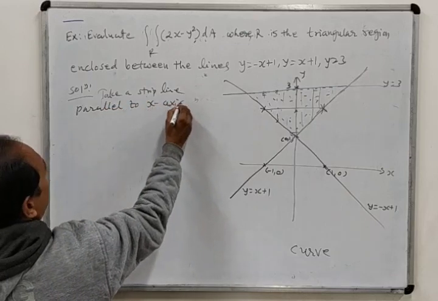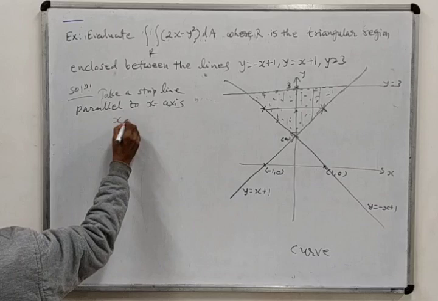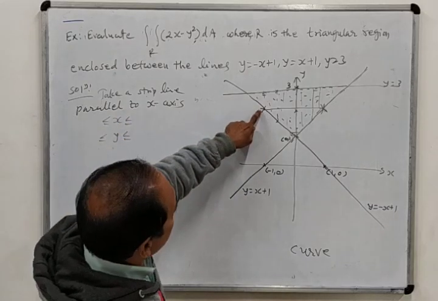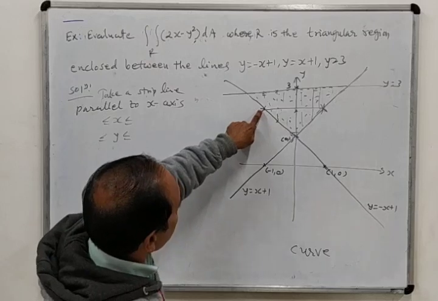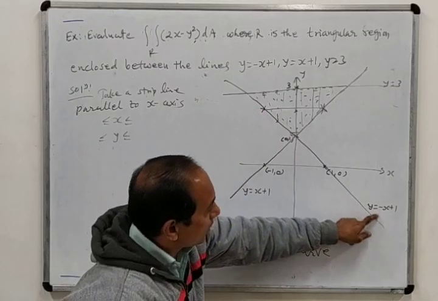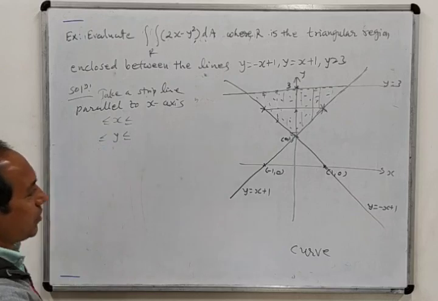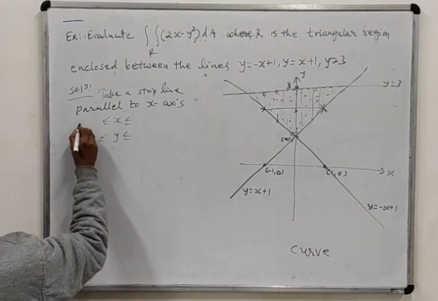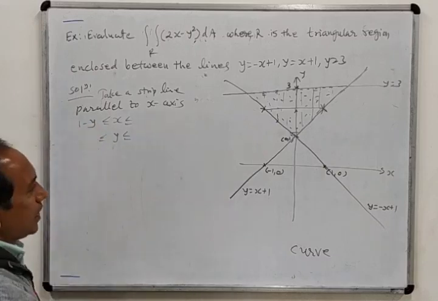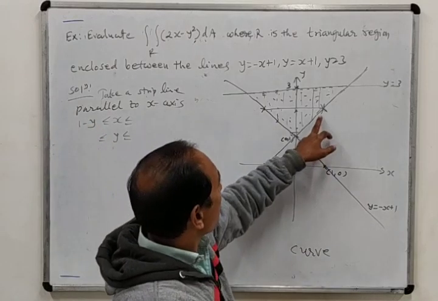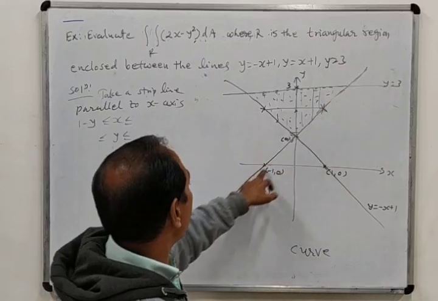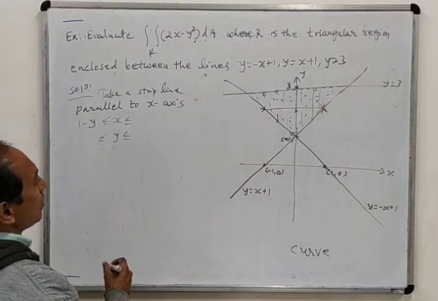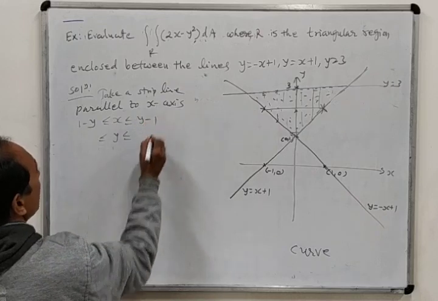Therefore, we have the limits of x and limits of y. To see this, the left hand point is on this curve, and this curve has the equation y equal to minus x plus 1. So x equal to 1 minus y. Similarly, the right hand point is on this line, and this line has the equation y equal to x plus 1. So x equal to y minus 1.